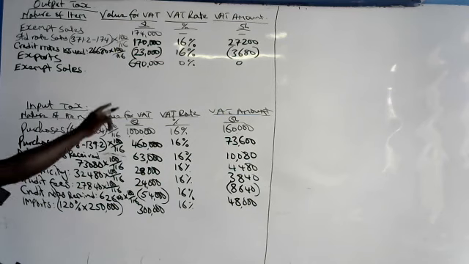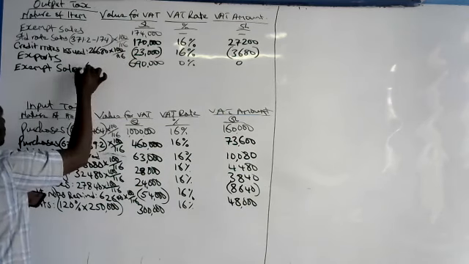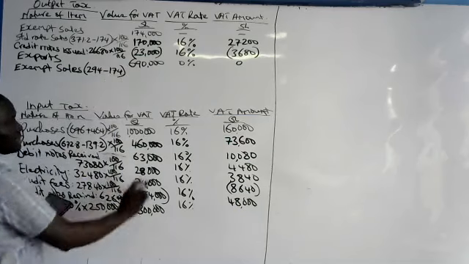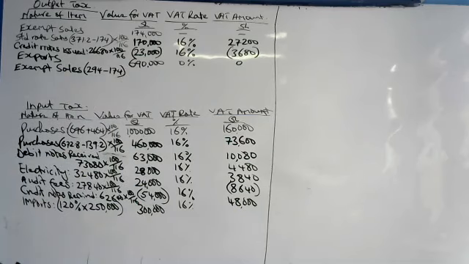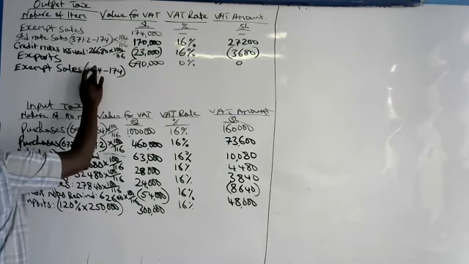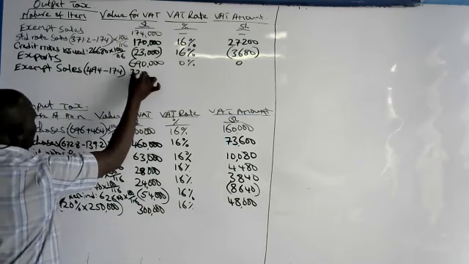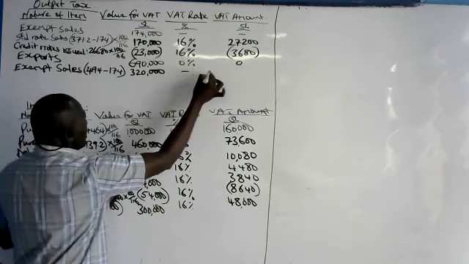Si already nishaweka 174. So hapa niko na 294 ni subtract ngapi? So how much more should I account for? It was 494. So how much more should I account for? 320.